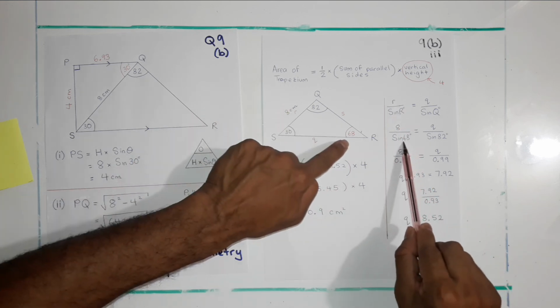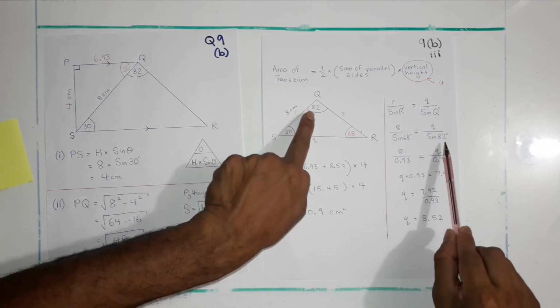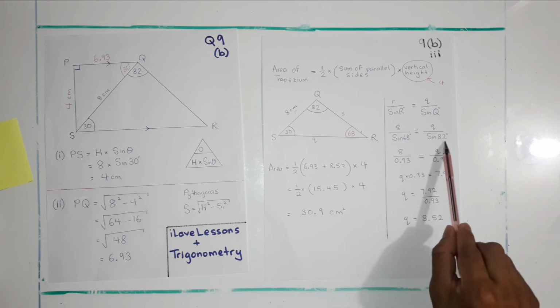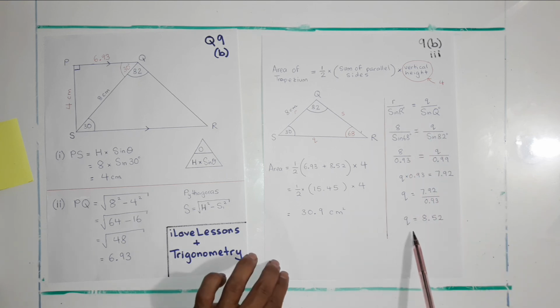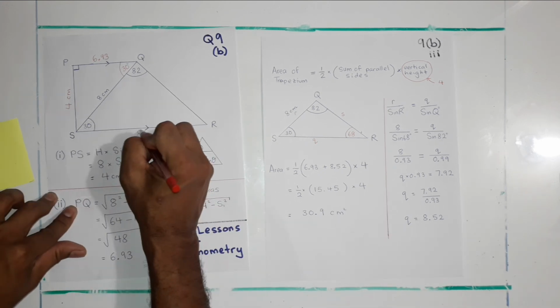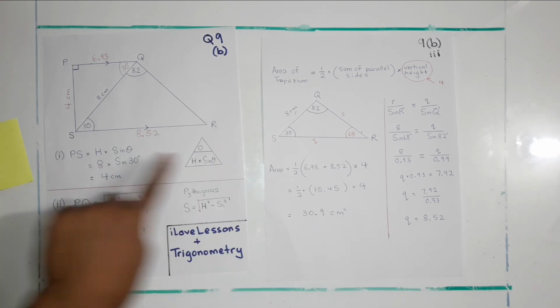Capital R is 68. Small q is what we are trying to find, and capital Q is 82. I found sine 82 on the calculator. We cross multiplied and we solve for q. So all the working is here. I'm not going to go through it in detail. So q is 8.52. 8.52 is this length here.